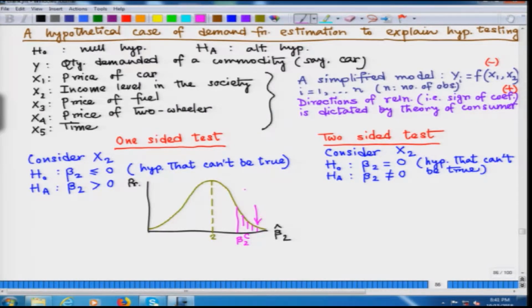So, this is basically the rejection region, okay, and the rest of the area is known as the acceptance region.